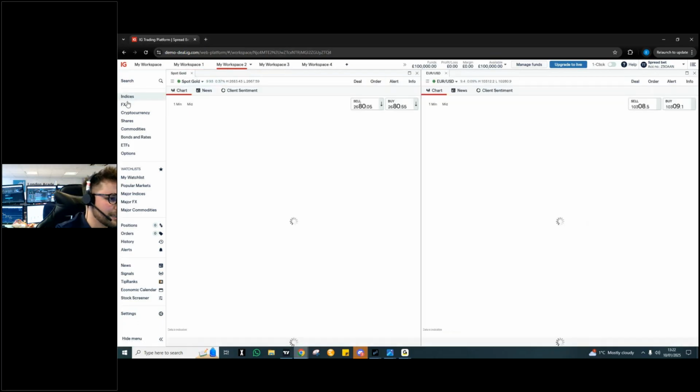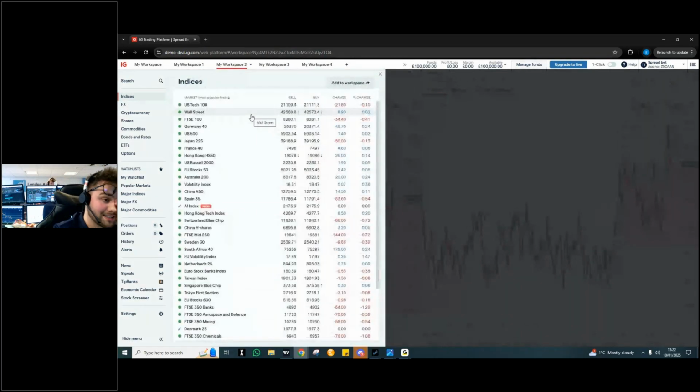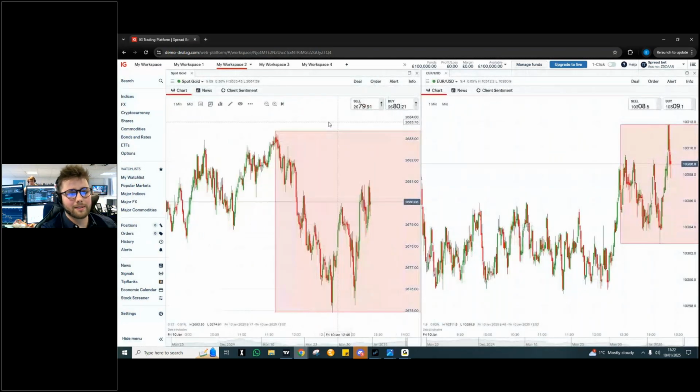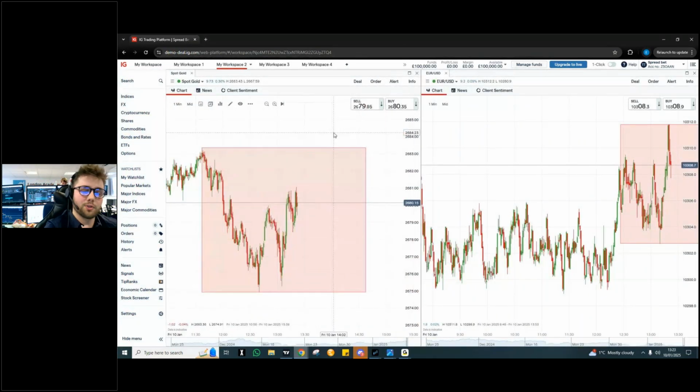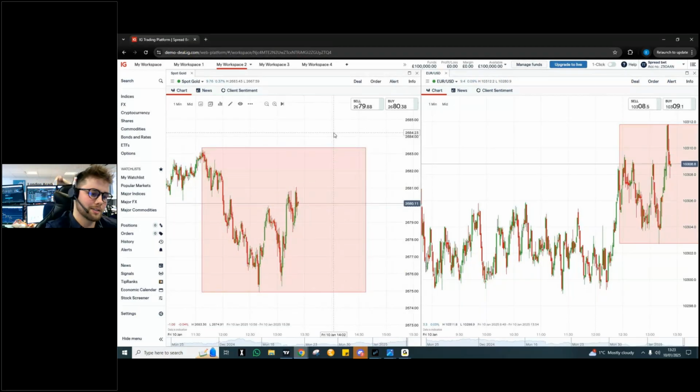So indices, we'll be looking at this again in the sense of an inverse correlation to the dollar. So if we saw a dollar strength move, if we saw a higher print, that would be a stronger dollar and a weaker index or weaker stocks. Now, I don't particularly like to trade the indices on this employment data just because it's a bit contradictory in the sense that we get stronger employment data, which means a stronger dollar, which means lower indices, but it's also high employment, which would generally be good for indices.